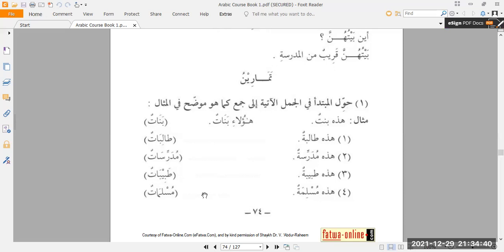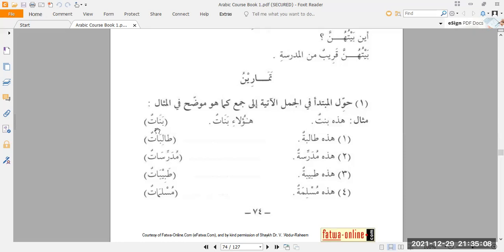And you can take your pick of words. Mumarridatun, muhandisatun. That's it. Simplest of simple things. You follow the pattern. Muslimatun, tabibatun, mudarrisatun, talibatun, mujtahidatun, banatun, etc. It's following the same pattern all over.